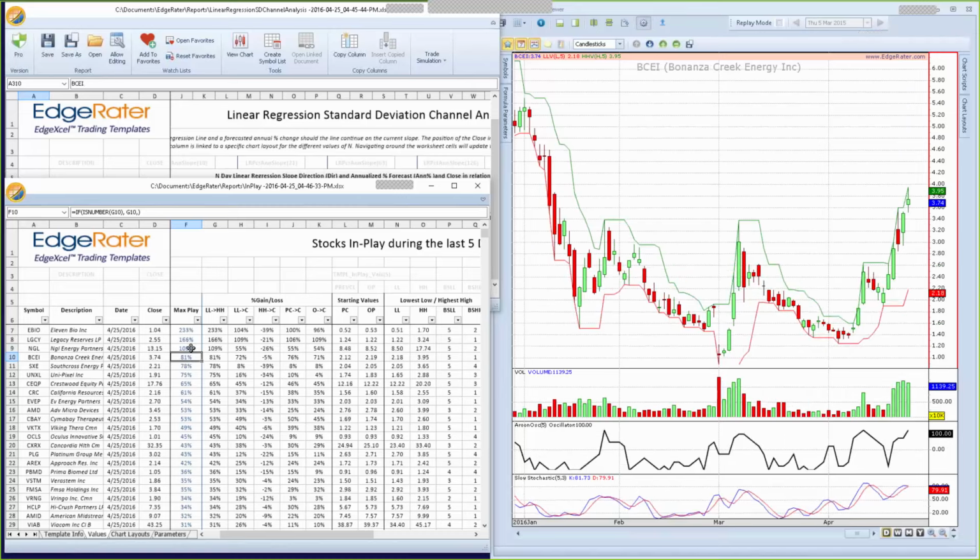Moving down, BCEI, it's got a lot of green volume coming in here. 81% to max play, so 81% between the lowest low and highest high over 5 days.